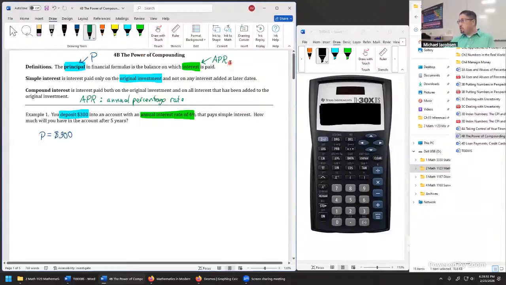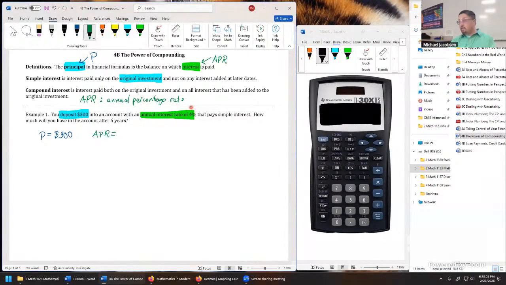So that's another big thing that we use in our formulas. So if they tell us the APR is at 4%, what we would want to write down on paper is APR equals, now we have to be careful here because one big assumption in every single formula we state is that the interest rate or the APR is always in decimal form. So if you see a 4%, write it as 0.04.